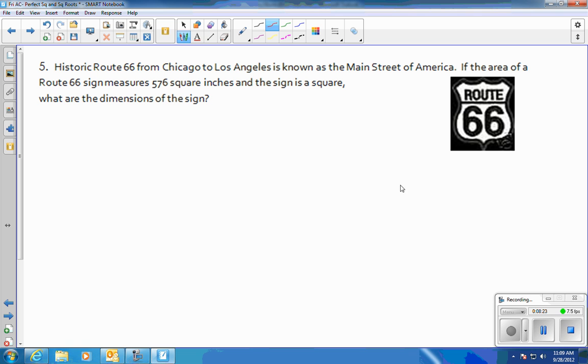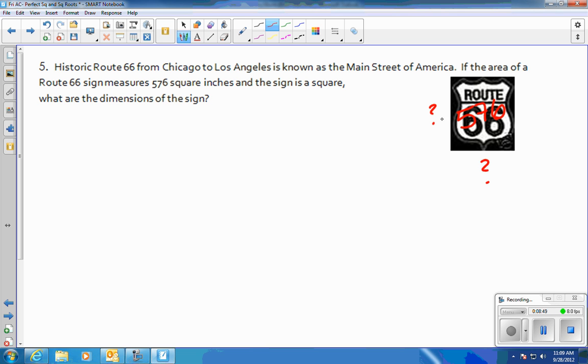Historic Route 66 from Chicago to Los Angeles is known as the Main Street of America. If the area of the Route 66 sign measures 576 square inches and the sign is a square, what are the dimensions of the sign? So basically it's asking me what number times what number equals the area of this sign.